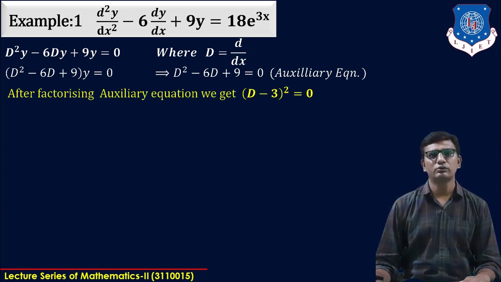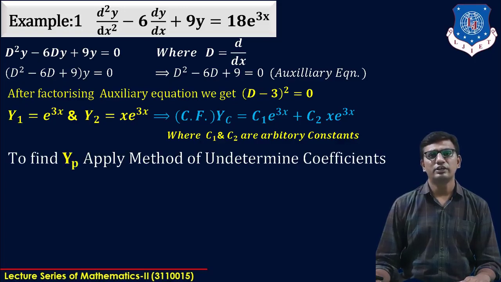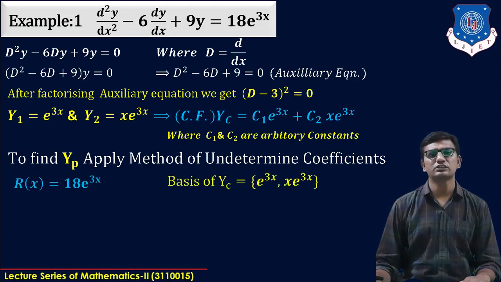So our auxiliary roots are real and repeated, and they are 3. So y1 is e^(3x) and y2 is x times e^(3x). So our yc is c1 e^(3x) plus c2 x e^(3x), where c1 and c2 are arbitrary constants. We will apply the undetermined coefficient method to find yp. Now R(x) is 18 e^(3x). The bases of Yc are e^(3x) and x e^(3x).